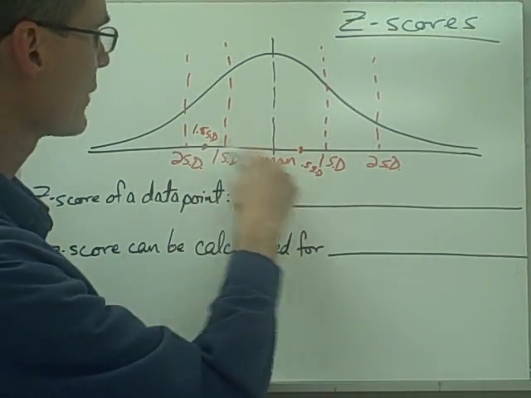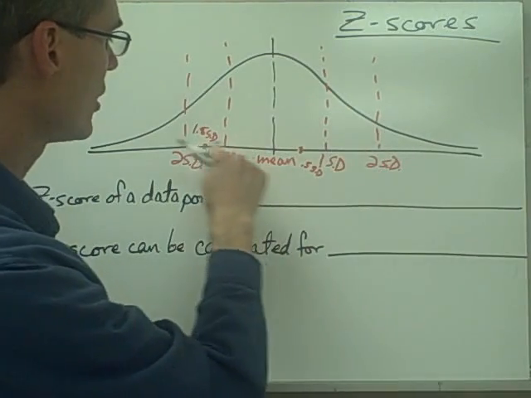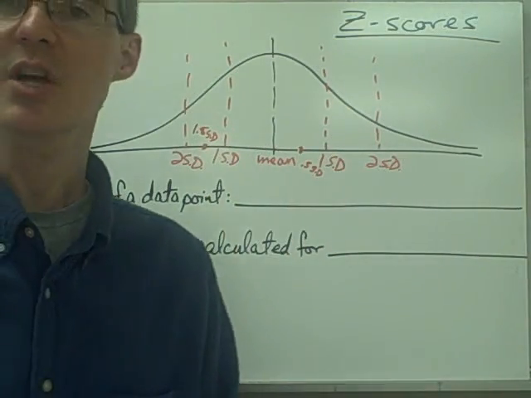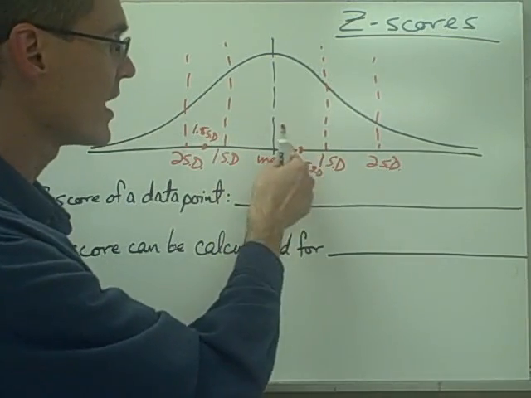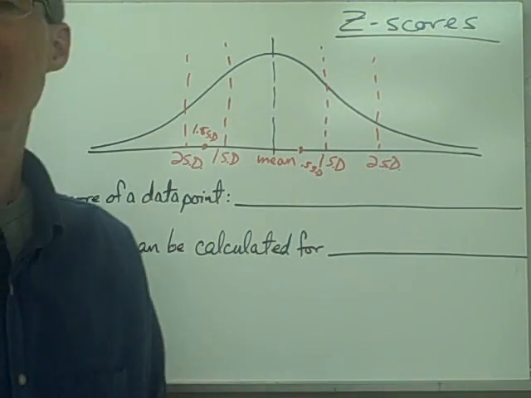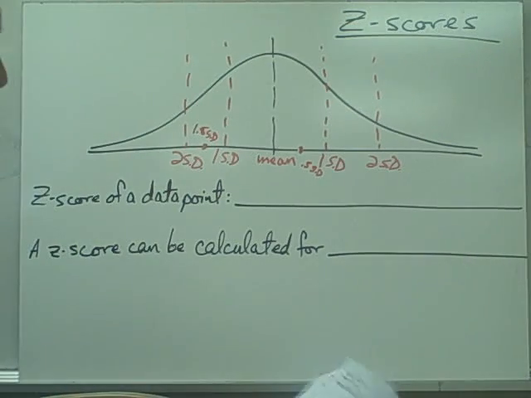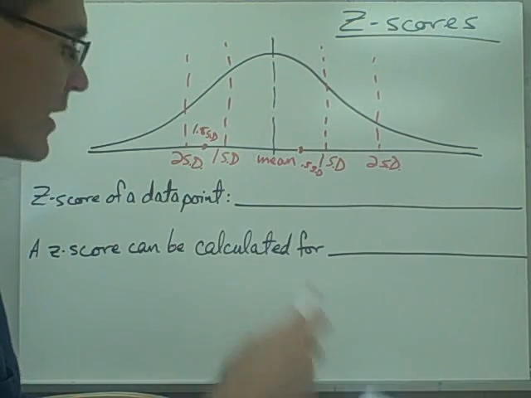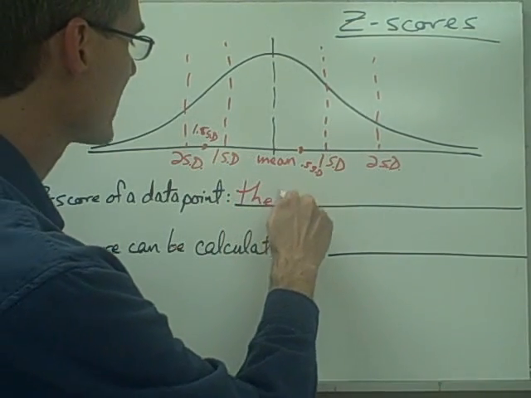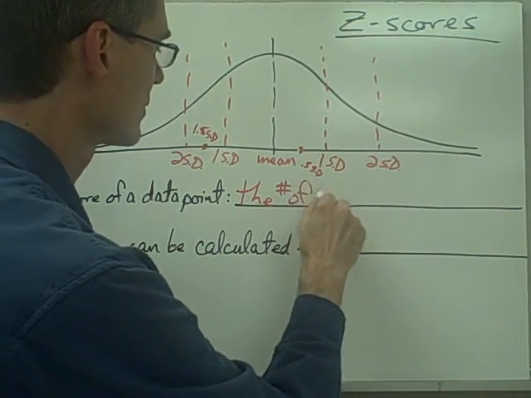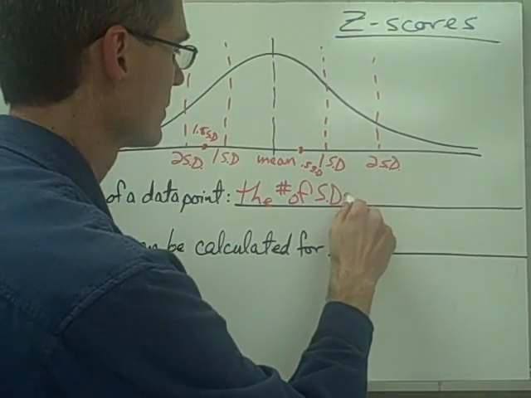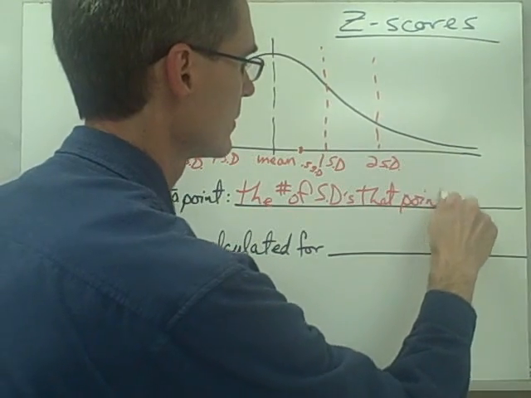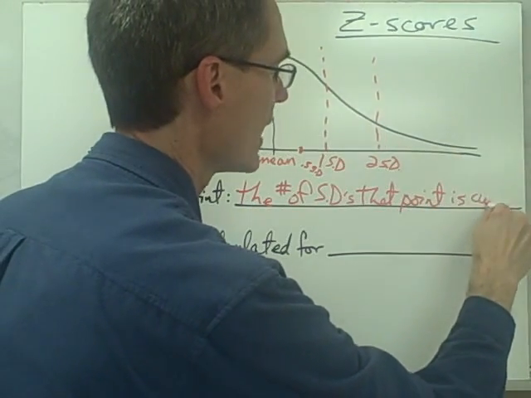Well, when I start identifying points along the scale of my normal curve, and when I talk about them in terms of how many standard deviations they are away from the mean, I'm talking about z-scores. A z-score, specifically the z-score of a particular data point, is just the number of standard deviations that point is away from the mean.